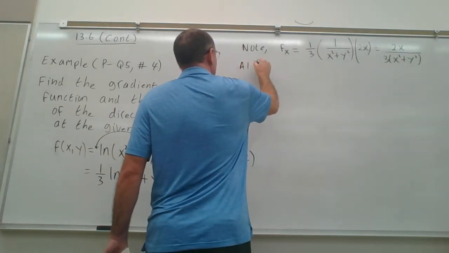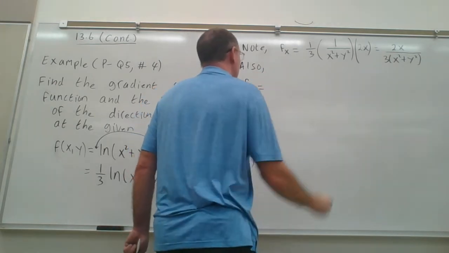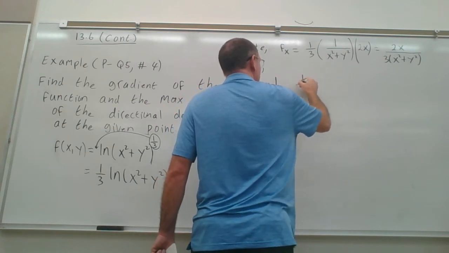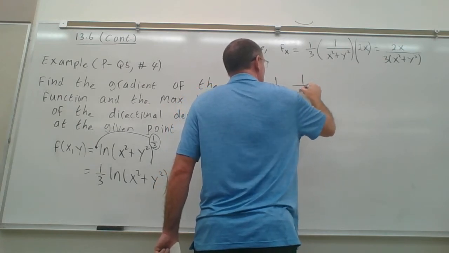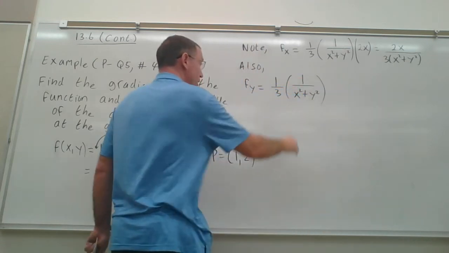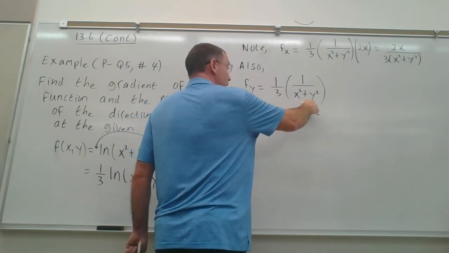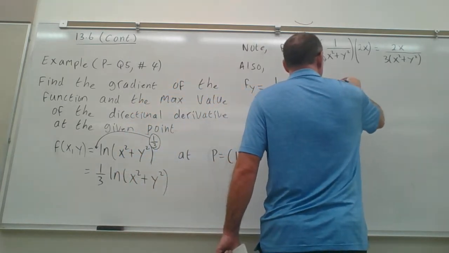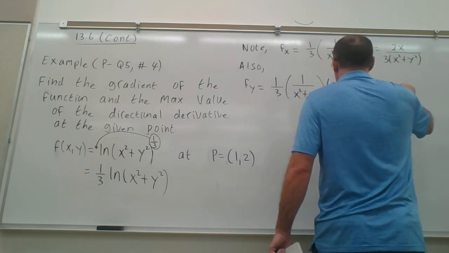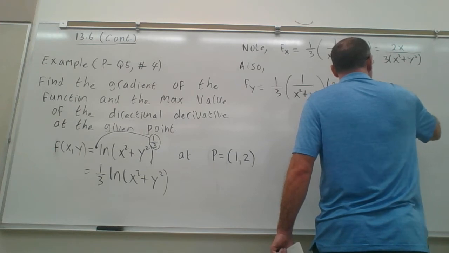Also, the partial with respect to y: 1/3 derivative of ln, so 1 over x squared plus y squared, times derivative of x squared plus y squared with respect to y this time, so it'll become 2y. So it'll be 2y over 3(x squared plus y squared).